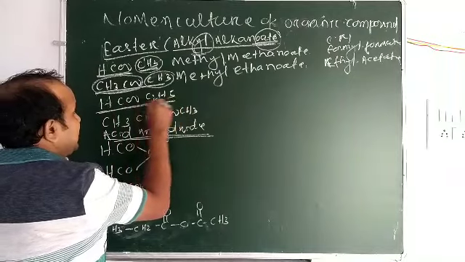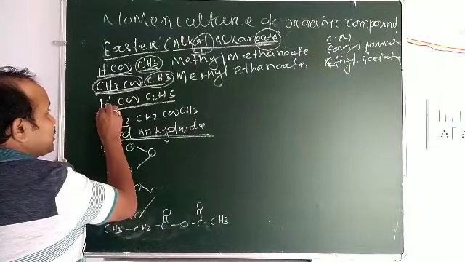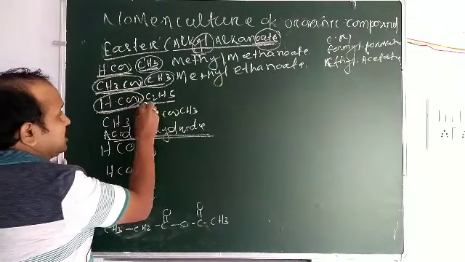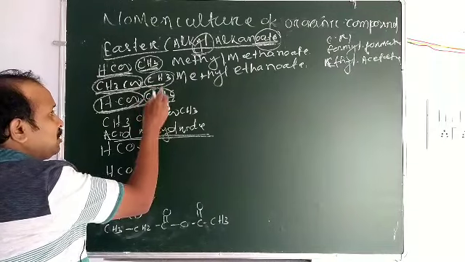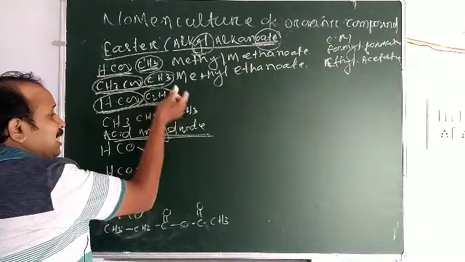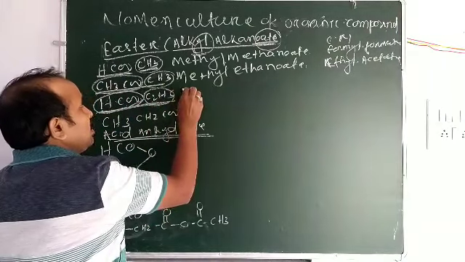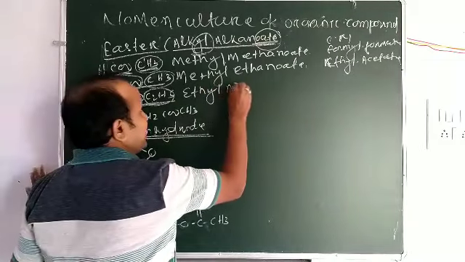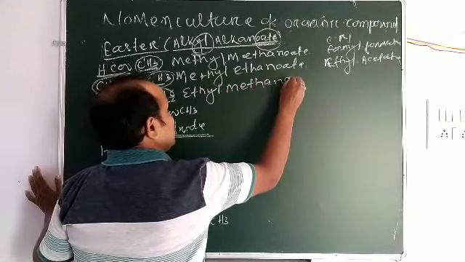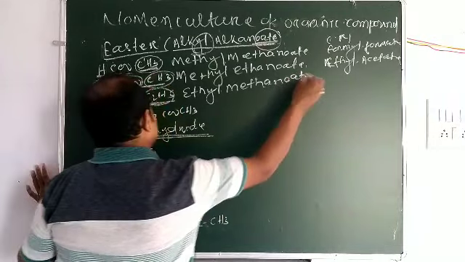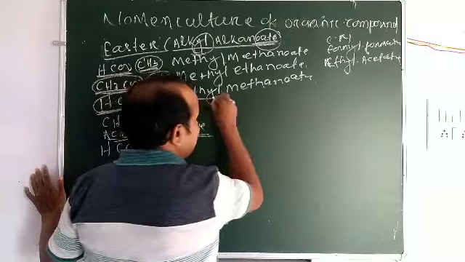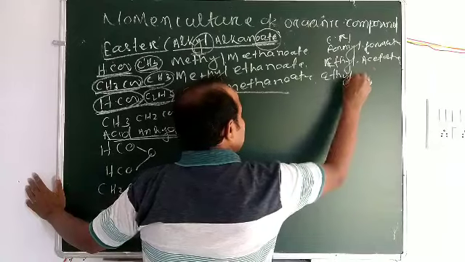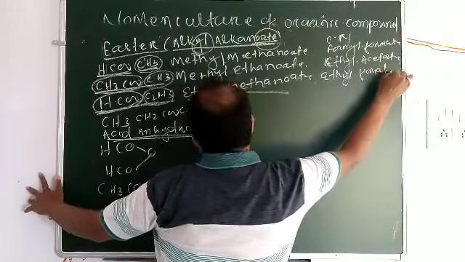Here is HCOO-C2H5. This is the carboxylic acid part, only 1 carbon, so methanoate. This is the alkyl part, 2 carbons, and the alkyl part is written first, so ethyl methanoate. Here is ethyl methanoate, the common name is ethyl formate.